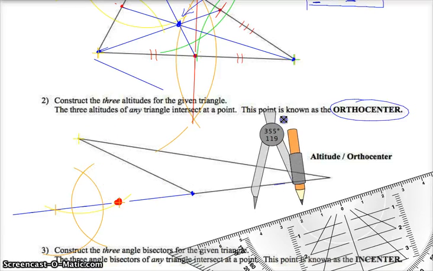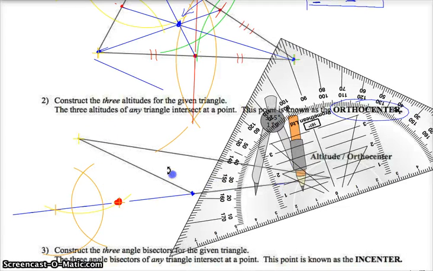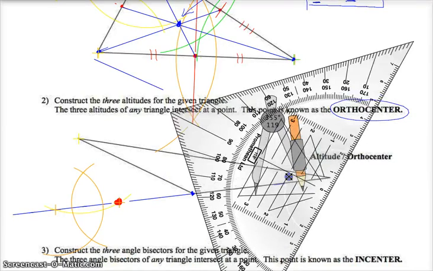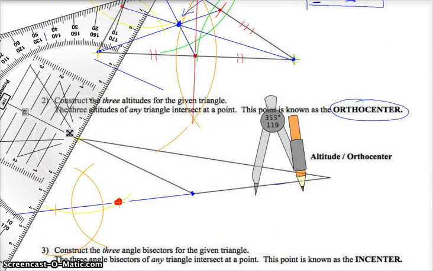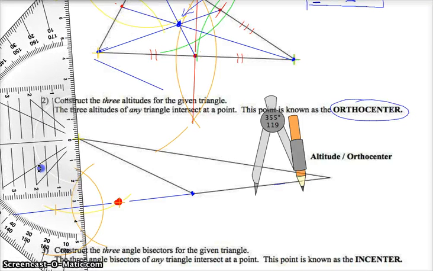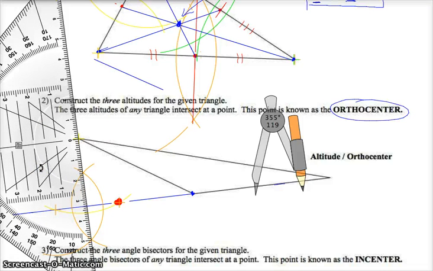Then you're going to move your ruler over here. I'm going to try to line up that vertex with these two points of intersection, or at least one. So this time I'll do my altitudes in red. So that is an altitude.